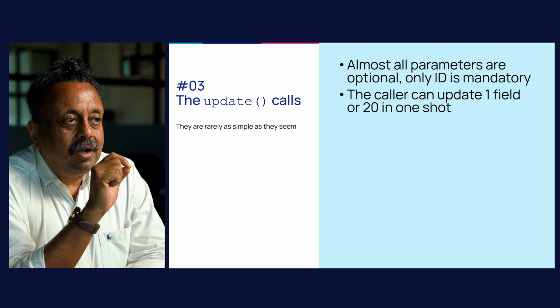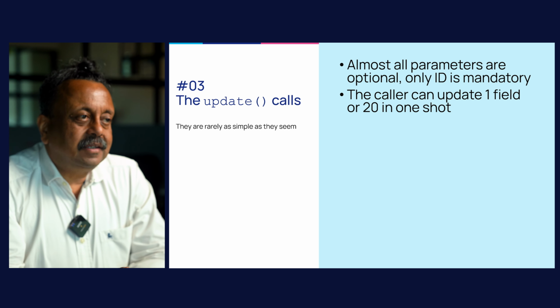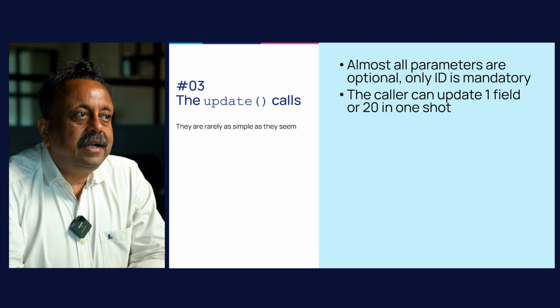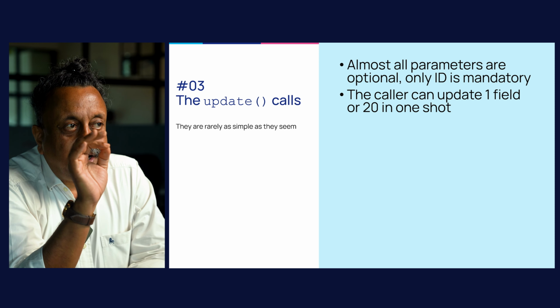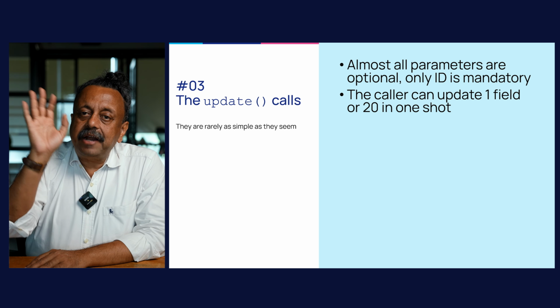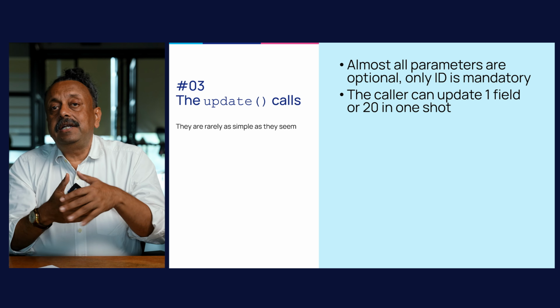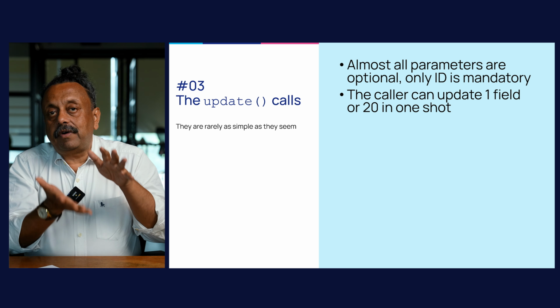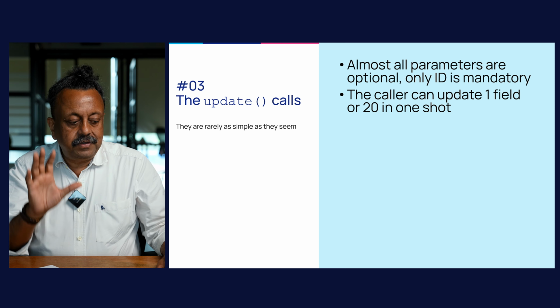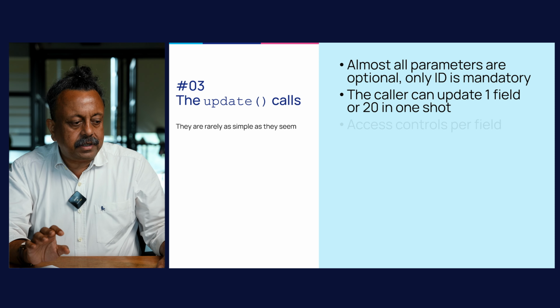So the update call takes all the parameters other than the ID as optional. This means that the front end can make one update call and update one attribute, or can update 20 attributes in one call. That is the flexibility we wish to provide in the update web service design that we always do. So the update web service can take a variable number of parameters.